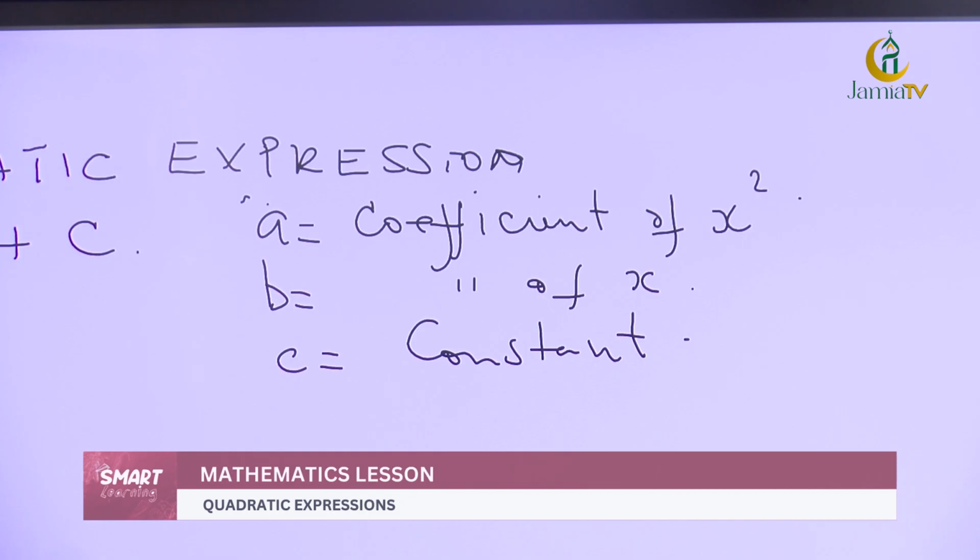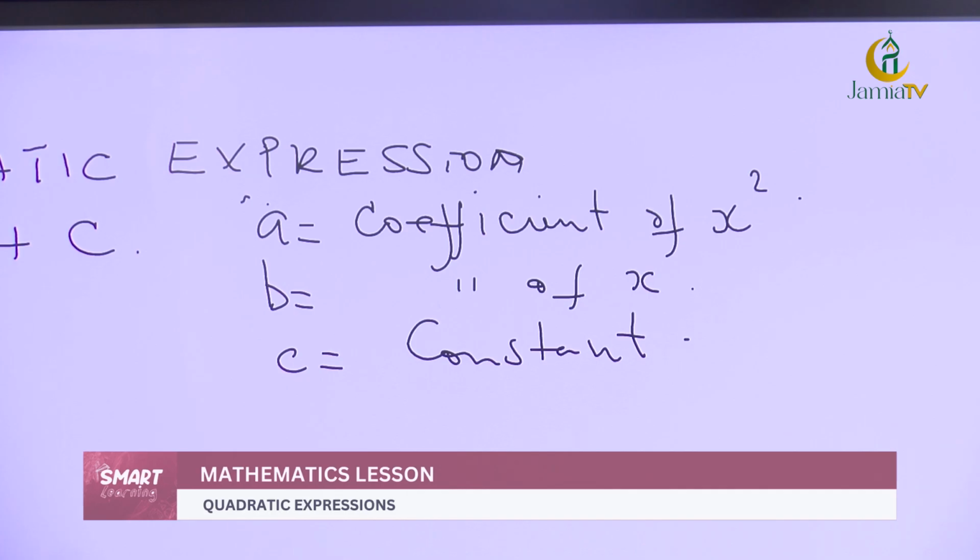We also said that in a quadratic expression, the highest power of the variable is always 2. It cannot be more than 2. If it's more than 2, it becomes cubic. If it's 1, it becomes linear, and so on.